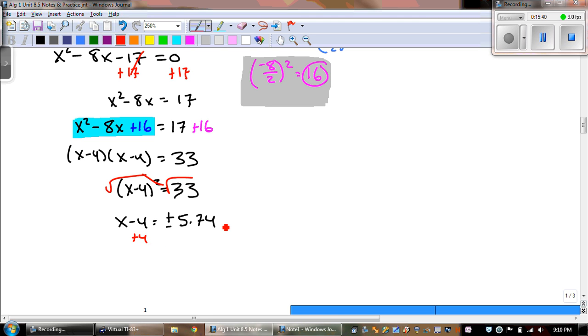Okay, so we have to add 4 to both sides, doing negative 5.74 plus 4, and then 5.74 plus 4. And that's where we get our two answers: x equals negative 1.74 and positive 9.74.